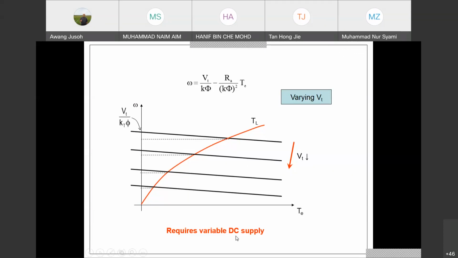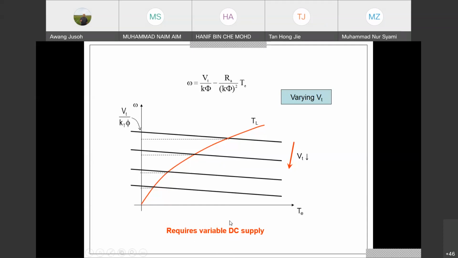In order to get the variable speed through V terminal, what do you have to do? If you studied power electronics before, you can use a chopper circuit, a chopper drive. Chopper means DC to DC. You chop DC to a smaller voltage, a variable DC, then you drive the DC motor. Or we can use the SCR controlled rectifier. If the supply is AC, then in order to get variable DC, we use the SCR or controlled rectifier.